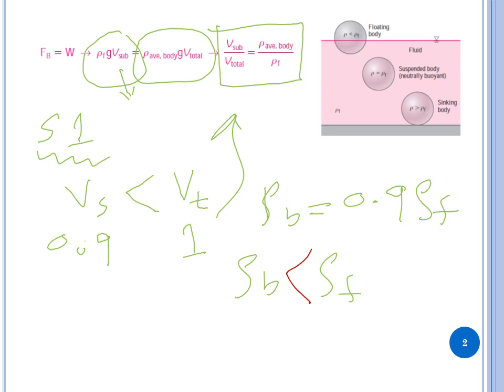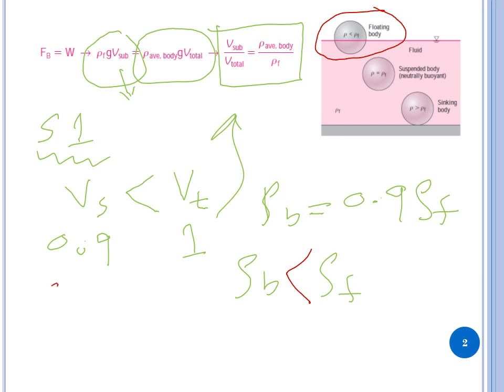Submerged volume is less than the total volume, so the body is going to float. So you can say that whenever the density of the solid is lower than the density of the fluid, it is going to float.